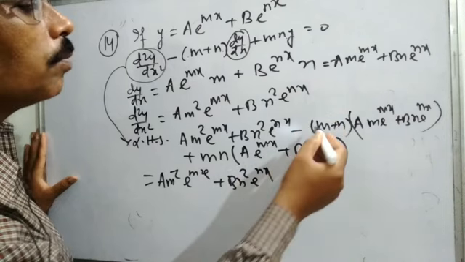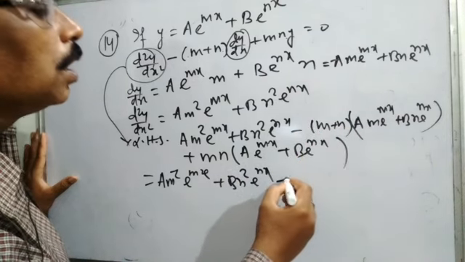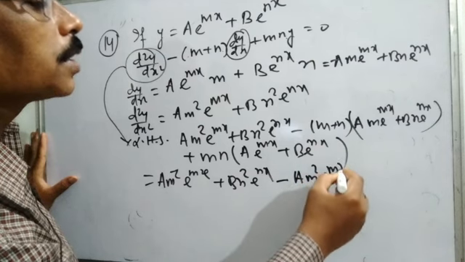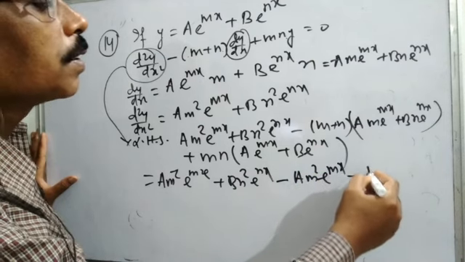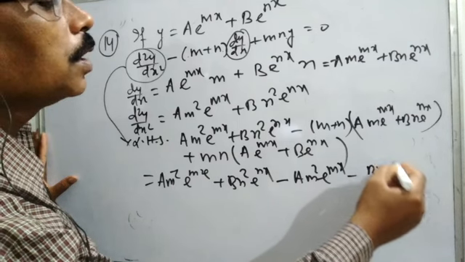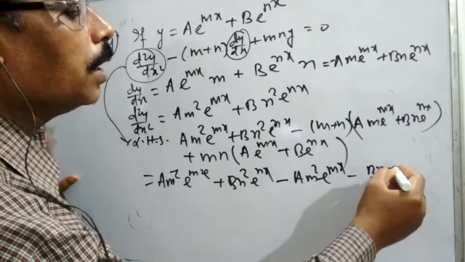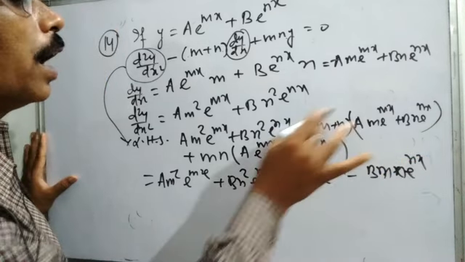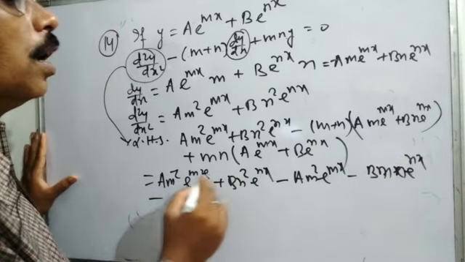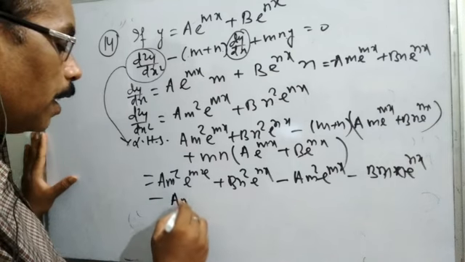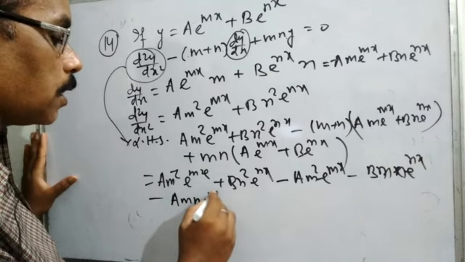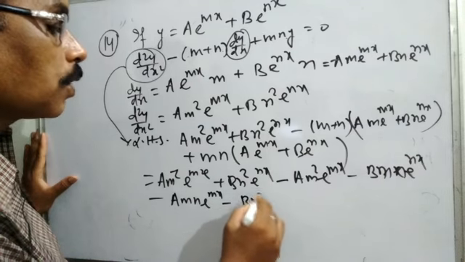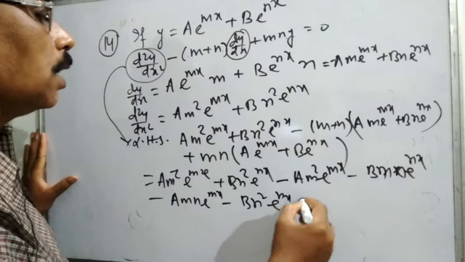Then four terms will come. At first we multiply with m: a m square e to the power mx minus b m n e to the power nx. Then again multiply with n: a m n e to the power mx minus b n square e to the power nx.